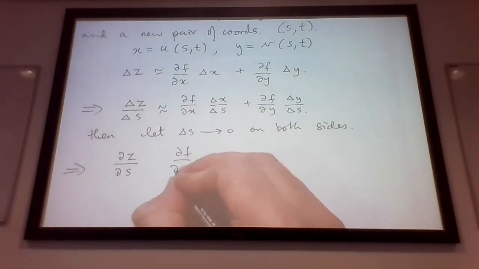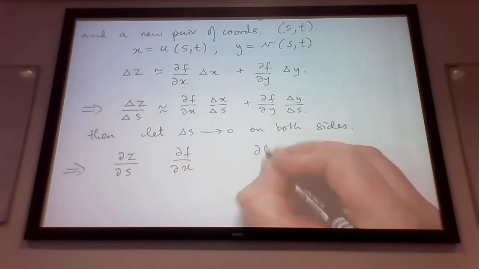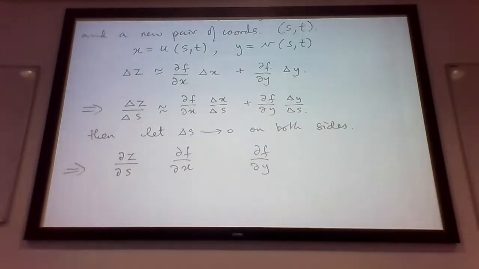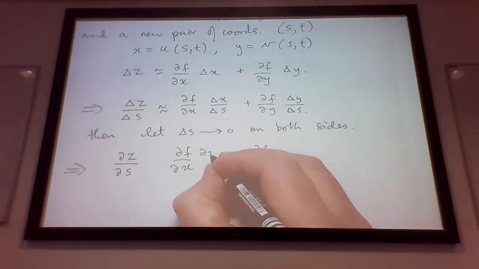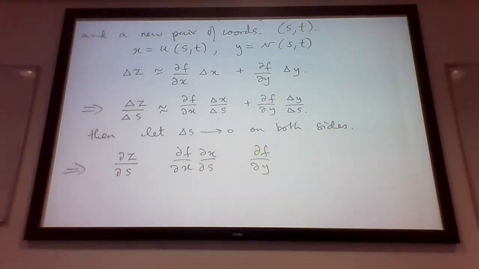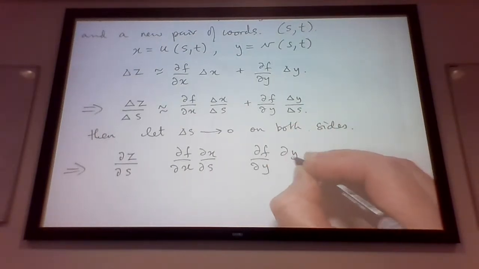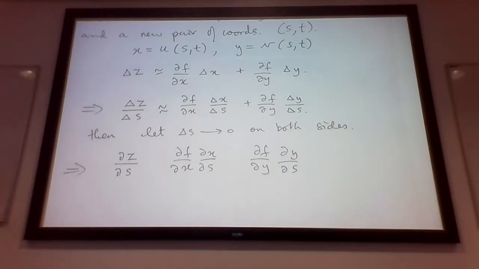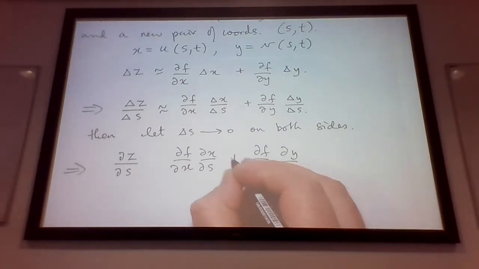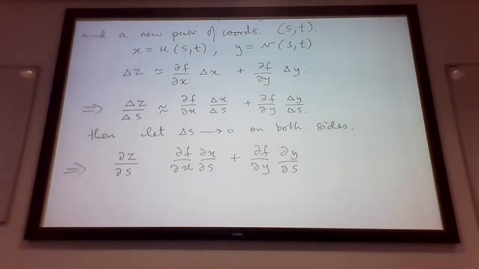df dx is unchanged, df dy is unchanged, but delta x over delta s converges to the partial derivative dx ds, and delta y over delta s approaches the partial derivative dy ds. We're still adding them together.